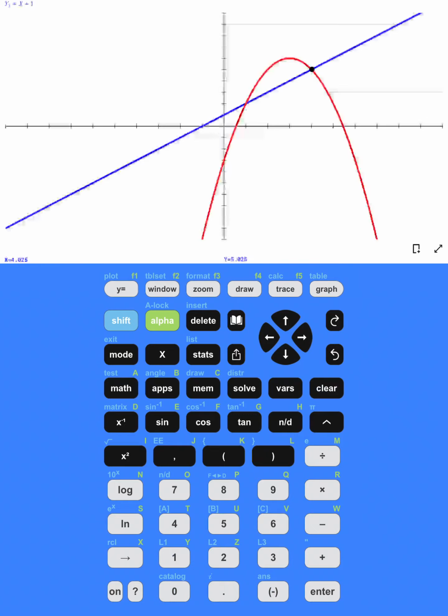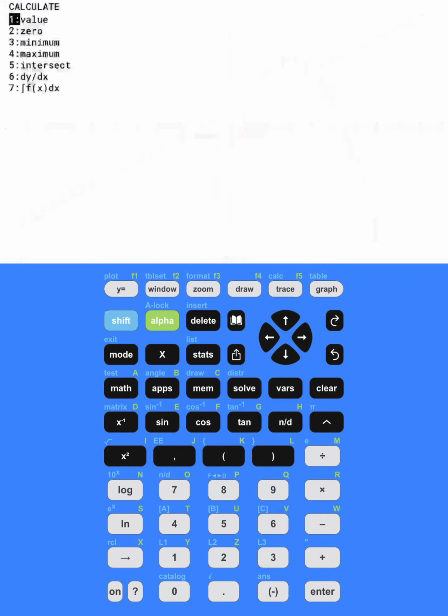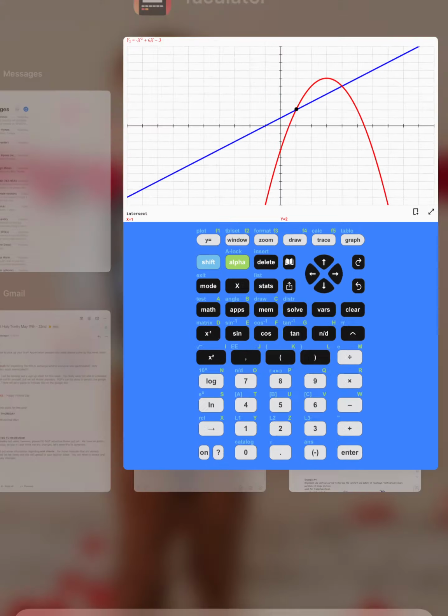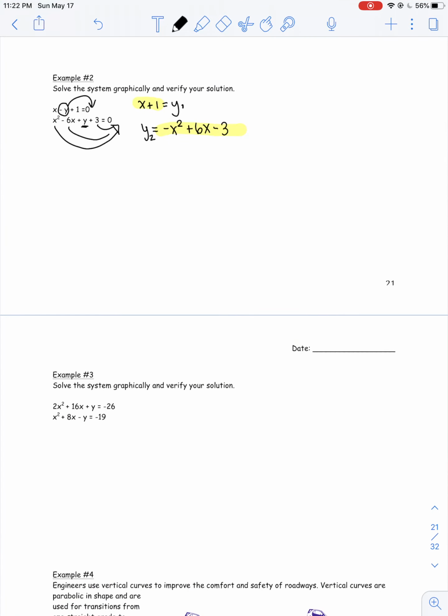So you want to find that intersection, approximately that one. Press second trace, number 5. Go as close as possible to the intersection point and press enter 3 times. Enter, enter, enter. And that will give you your first intersection, which is 1, 2.